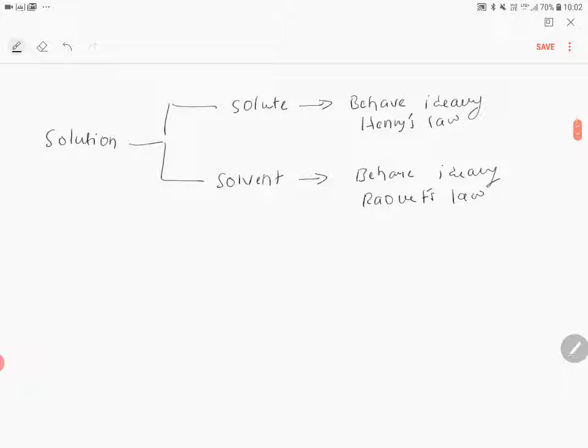But the reverse need not necessarily be true. And Raoult's law being obeyed ideally on the part of the solvent does not mean that the solute must obey Henry's law.